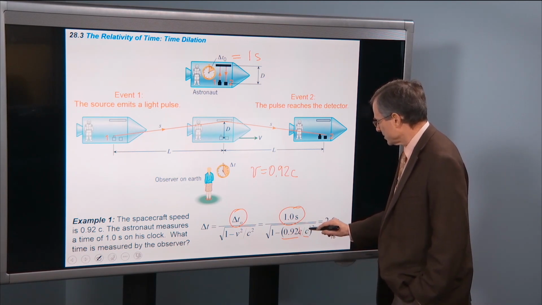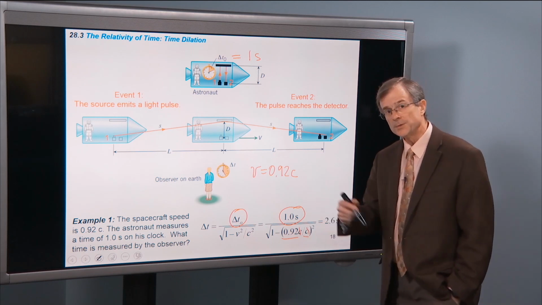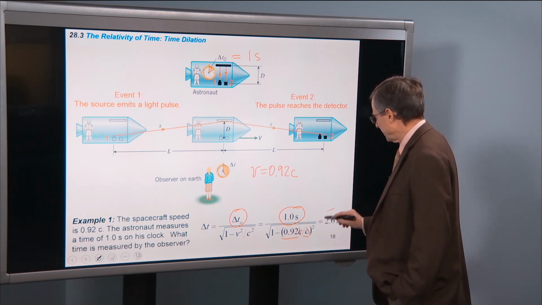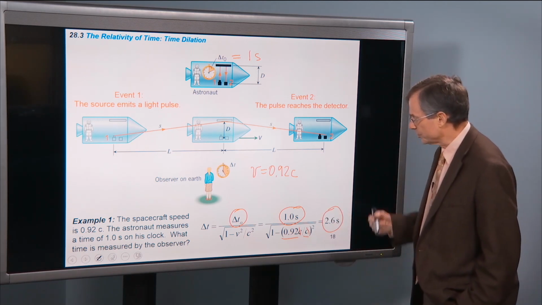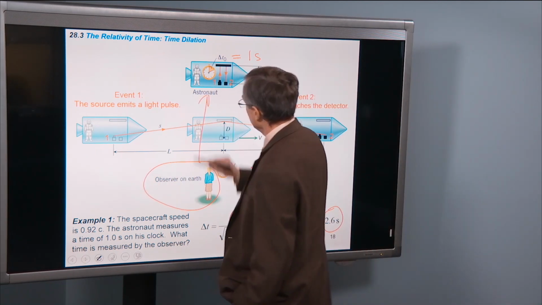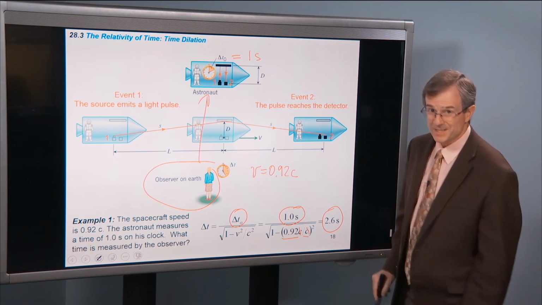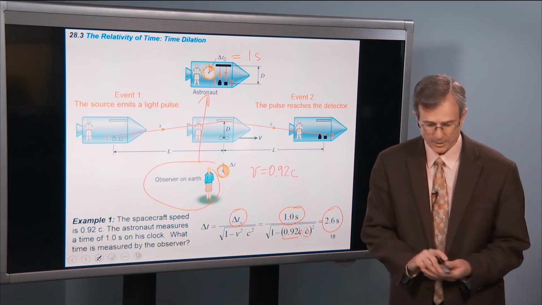Those c's cancel. And we get 1 minus 0.92 quantity squared. And then just plug the numbers in, you get 2.6 seconds. Sure enough, the observer on the Earth says, hey astronaut, your clock's running slow. It's 2.6 seconds between ticks on your clock.